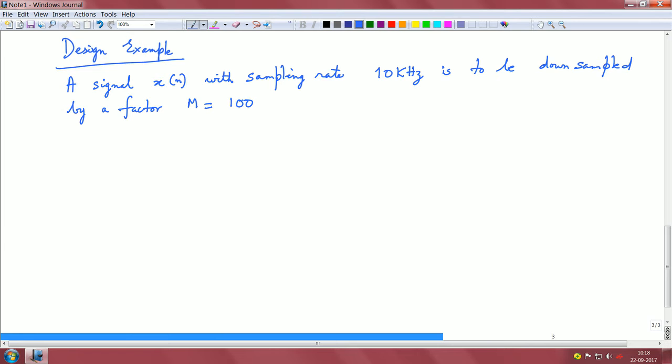So, when we downsample this by a factor 100, we get a signal at 100 hertz, to produce a signal at 100 hertz.